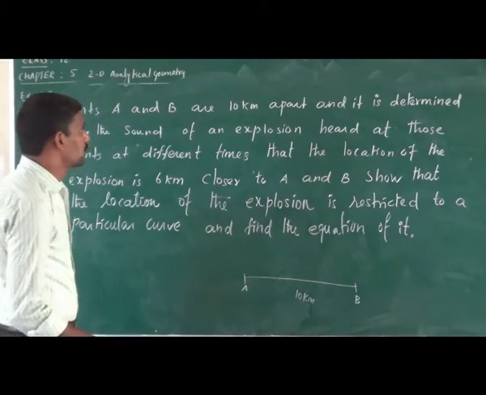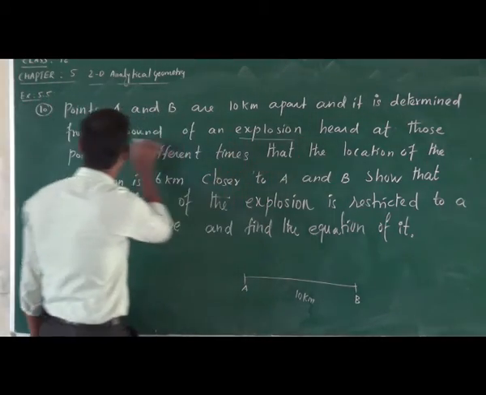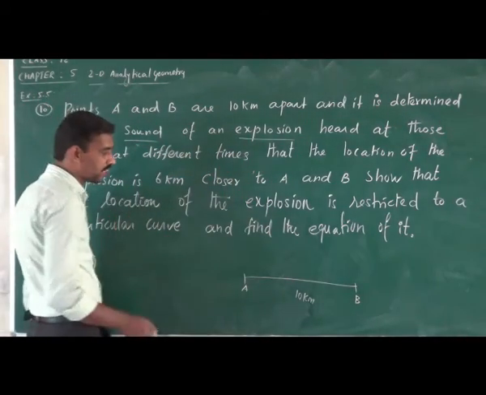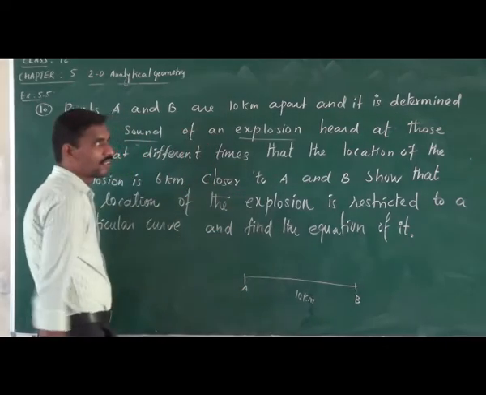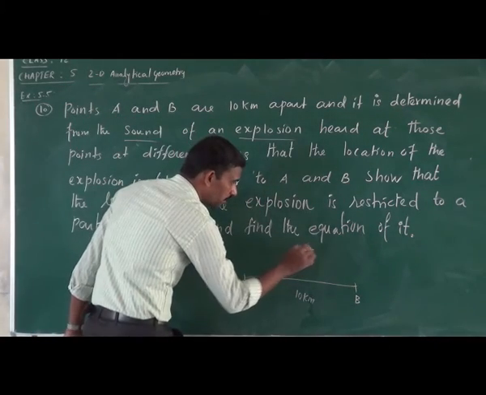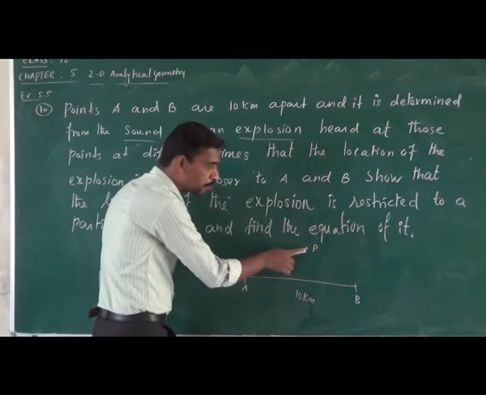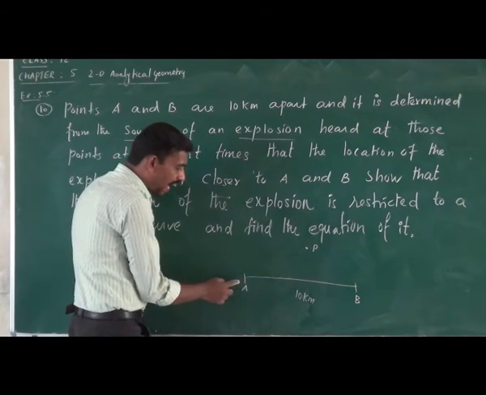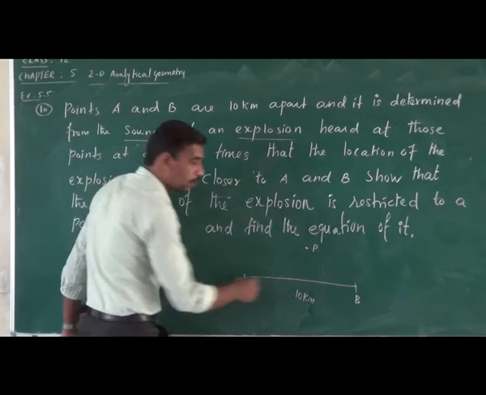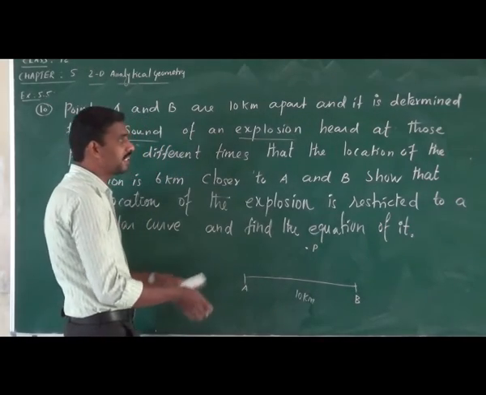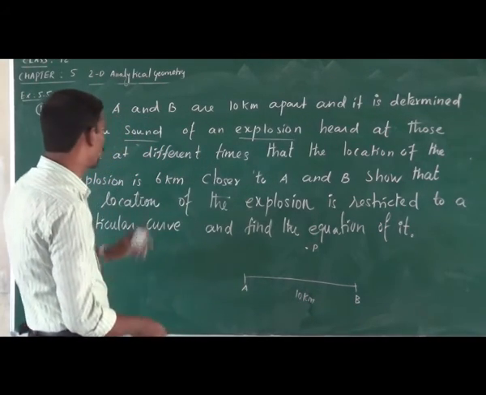And from the sound of the explosion, at some point whose location we don't know, the explosion happened, but I heard the sound at A closer than at B. The distance difference is 6 km, as given.